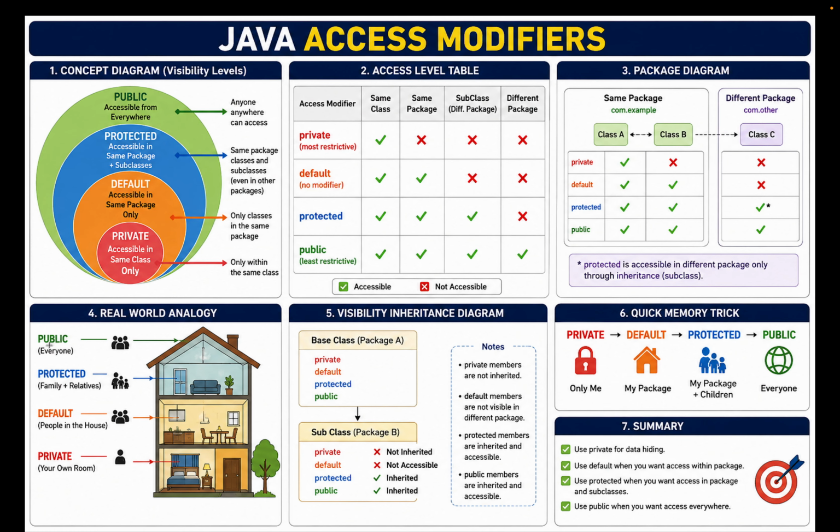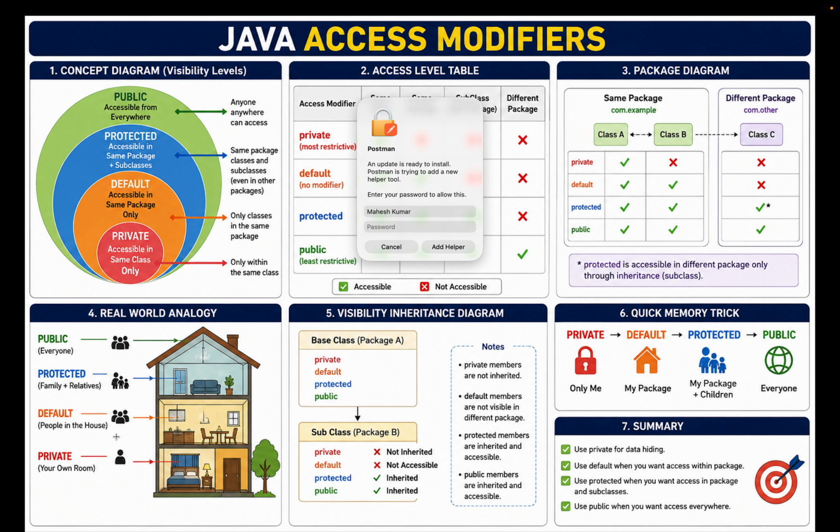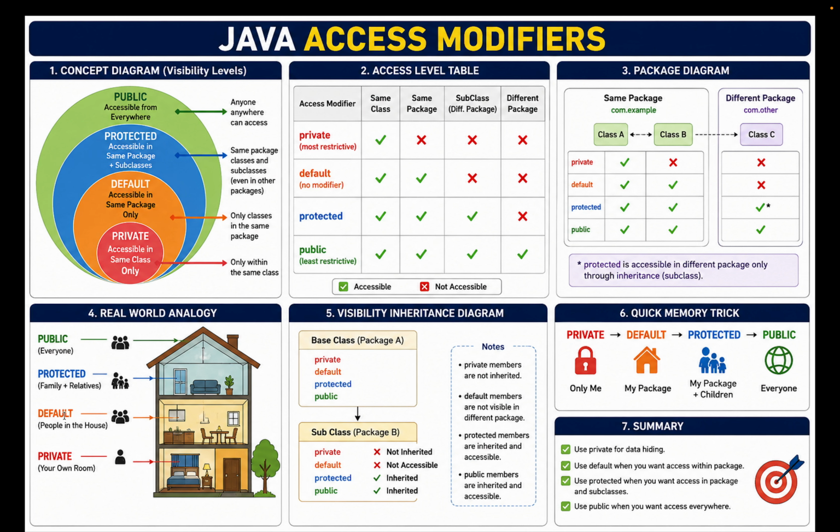So here is another example, through a real world analogy, like we have a home. In public, anybody can see, the outer part, the roof, anybody can see. Protected is within a room only, meaning family members and relatives can see.